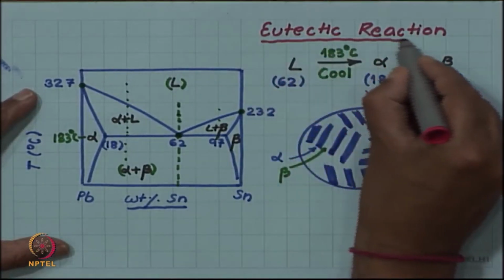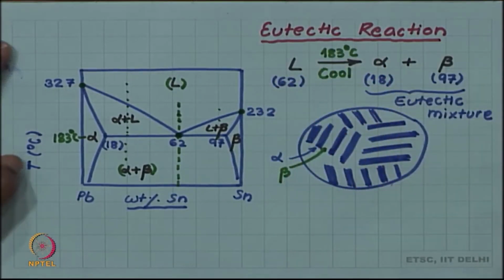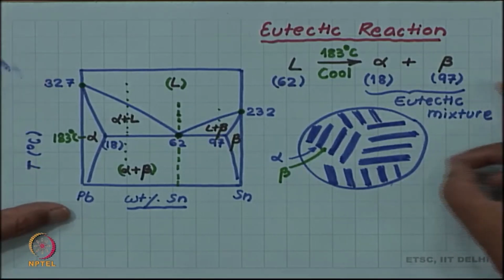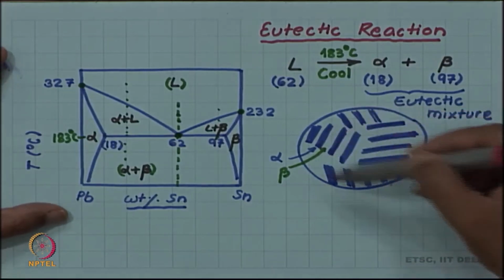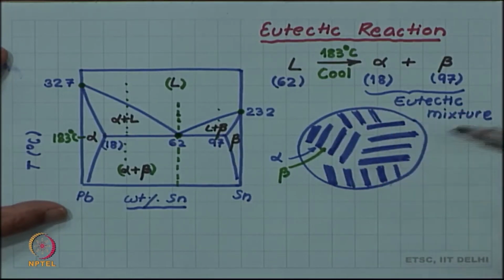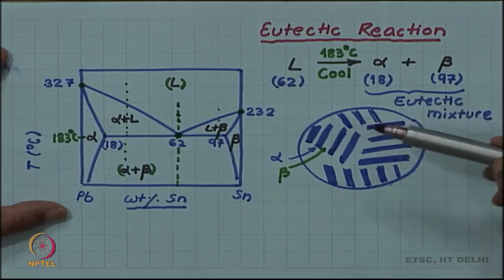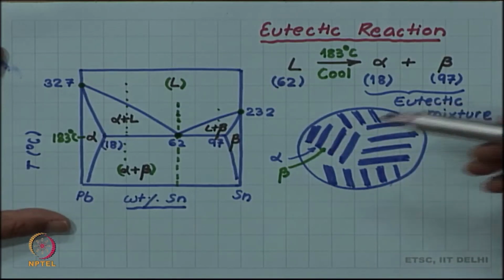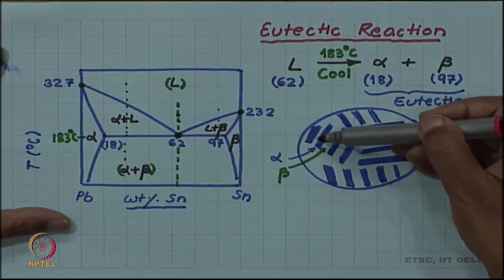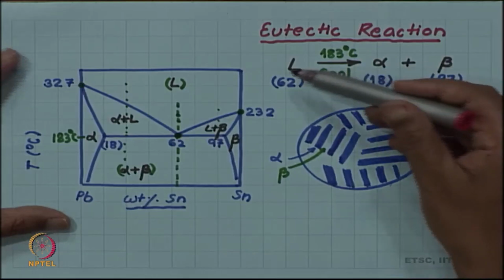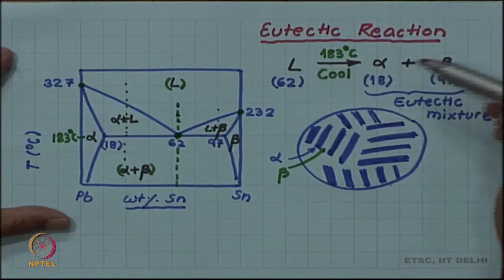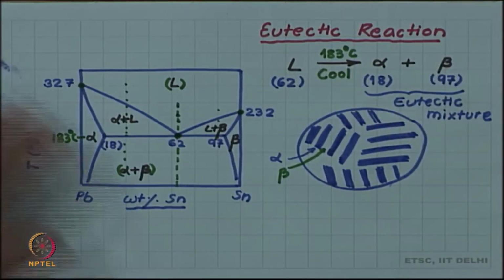You can see a real lead tin microstructure maybe on the web, or in a textbook you will find a real microstructure will not exactly look like this, because this is a cartoon drawing, but essential feature is that microstructure of eutectic will have alternately alpha and beta phase, because that is the product of liquid transforming through this eutectic reaction.